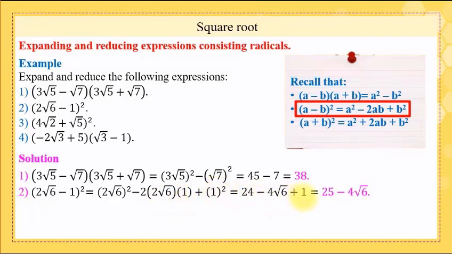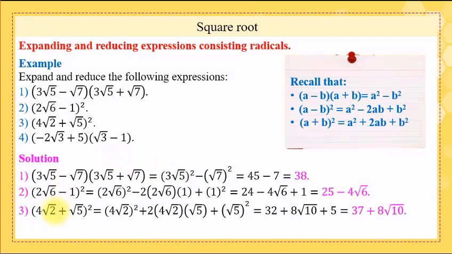And then calculate to find 25 minus 4 radical 6. The third one also can be expanded according to the third identity. We have 4 radical 2 is a and radical 5 is b, and then expand according to the identity to find the expanded form 37 plus 8 radical 10.